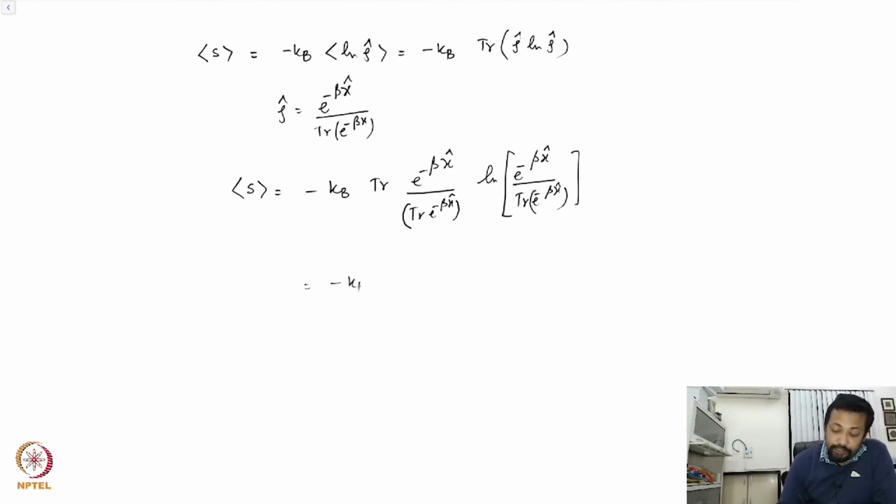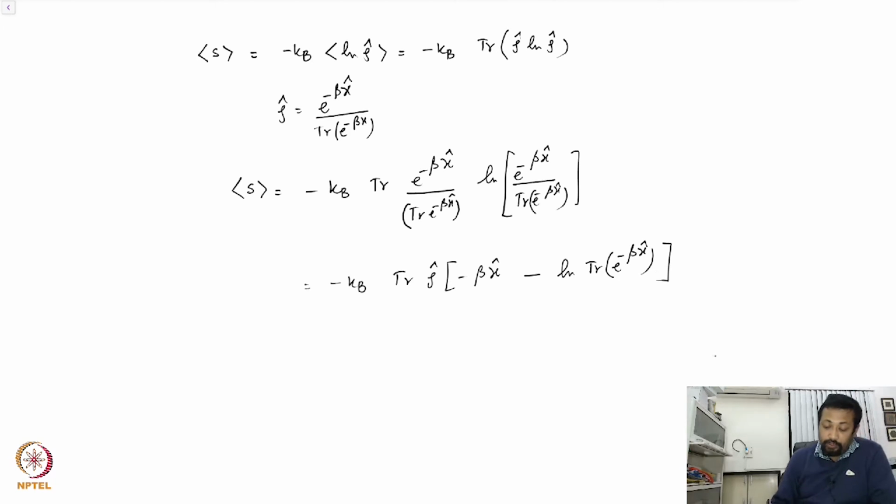Actually, we want to keep this, we do not want to write it explicitly, we will write rho hat and let's expand the log. Then this becomes minus of beta H hat minus ln of trace of e to the power minus beta H hat. Note that this is just a number. So therefore you have minus kB, and just look at the first term.